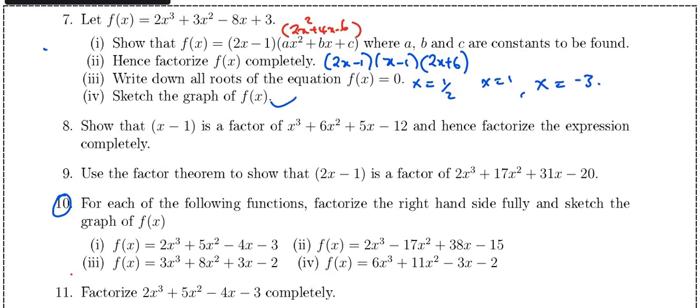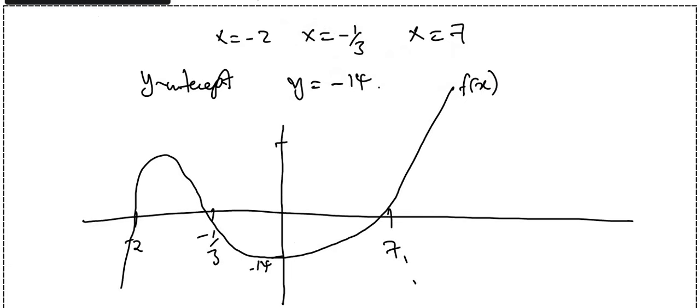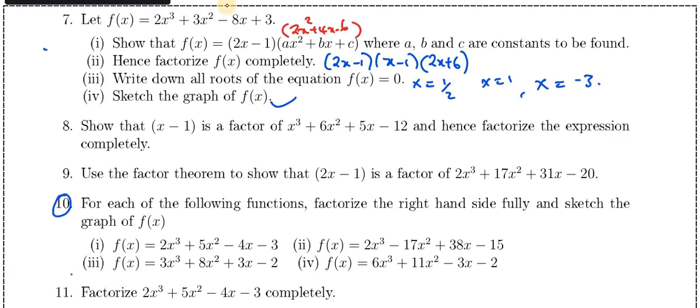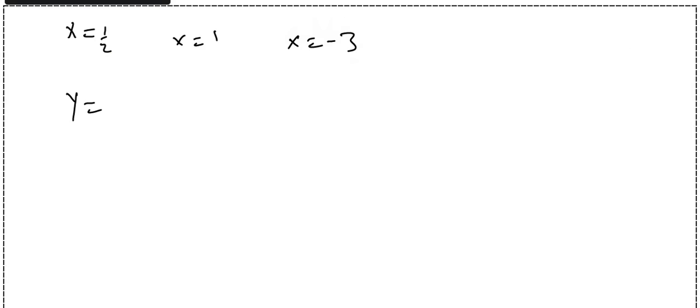Then the last one, they want you to sketch. So sketching here shouldn't be a problem. You can pause the video first and attempt it. I've given you the 3 answers: you have half, 1, and x is equal to negative 3. Those are the x-intercepts. The y-intercept, when you look at your question, is a positive 3.